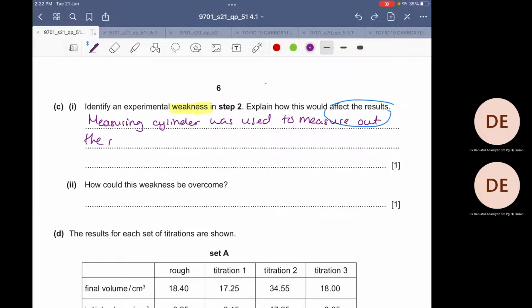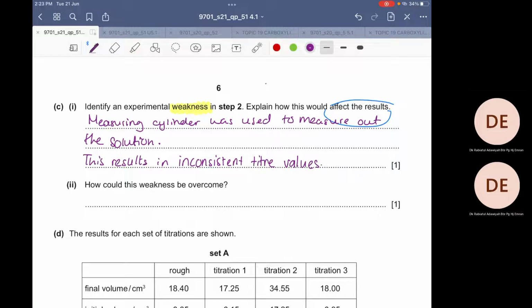So what's the problem with using a measuring cylinder? It's not accurate, and this can result in inconsistent titer values.